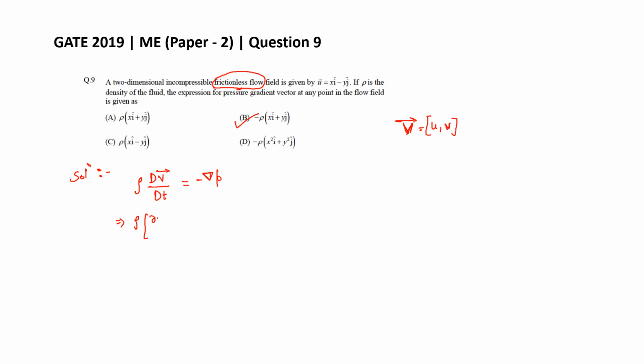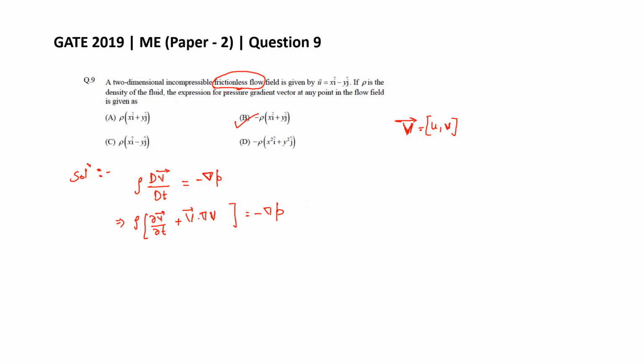So this will be equal to dV dt plus V dot grad V, and this is equal to minus the pressure gradient.